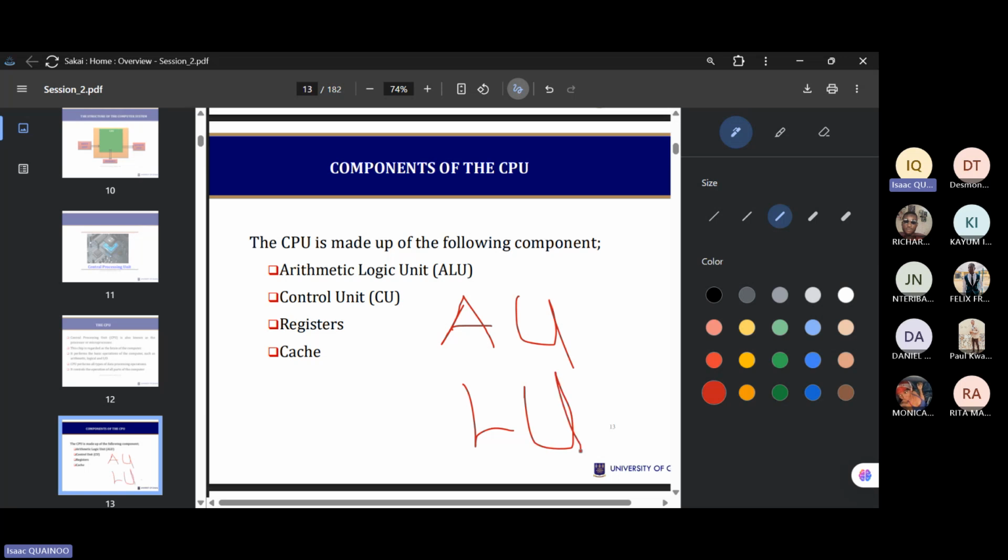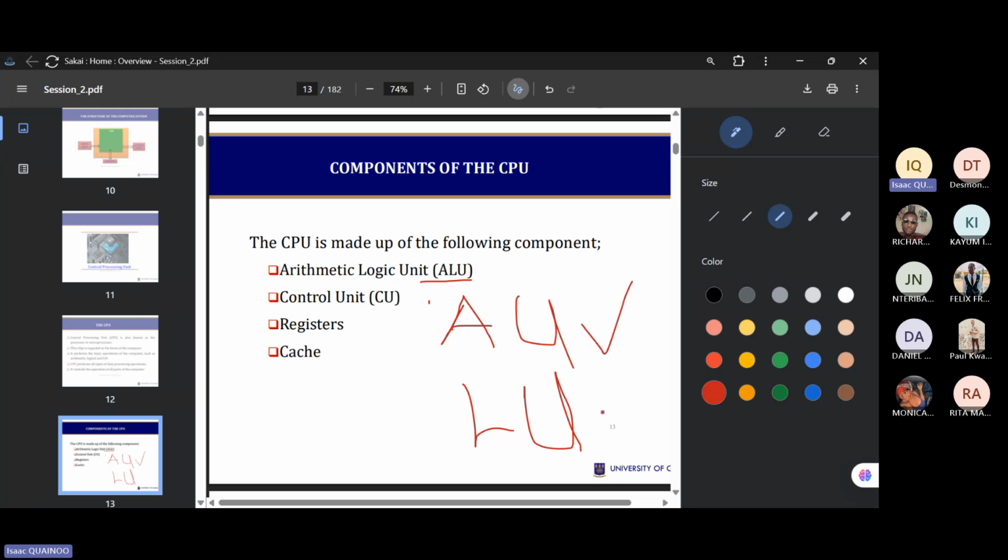What do we mean? We are trying to say that the CPU is basically divided into parts, okay? And when it comes to the main part that is in charge of the processing, we are talking about the ALU. So the ALU is divided into two parts. The first part is our arithmetic unit.